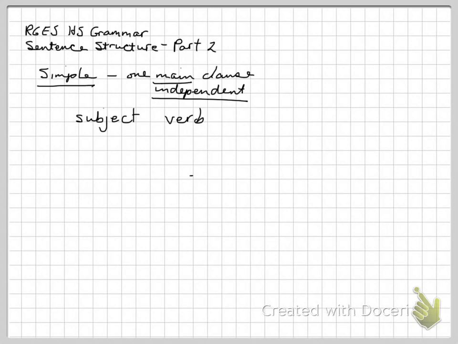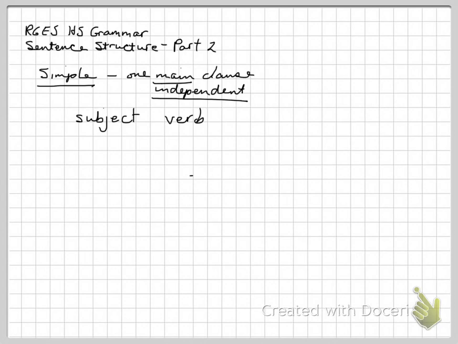For instance, the father threw the ball. The subject is the father, threw is an action verb. He's doing something. But if I said the father is the president of the college, father is the subject, but is, because that is what he is, that's his state of being, is the verb, and in this case it's not an action verb.